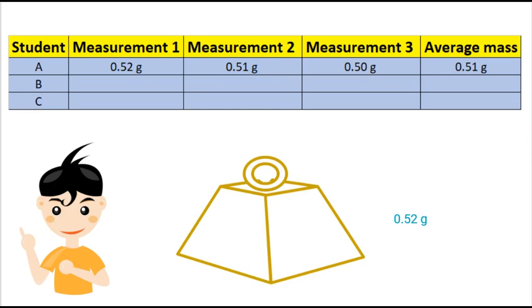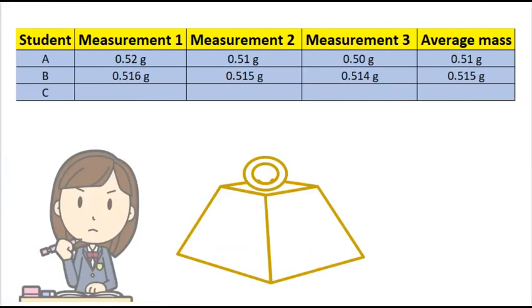Now let's consider your student B. Now student B went and measured this stone. In the first case, she measured the weight and she got 0.516 grams. Again she measured and she got 0.515 grams. Again she measured, she got 0.514 grams. Now what she did, she added all these three values.